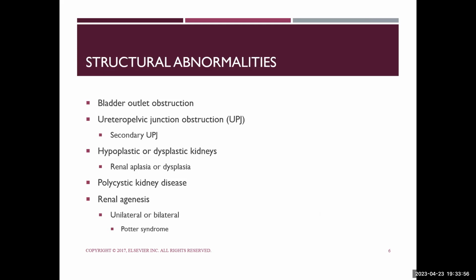So once the face is made and the baby begins to swallow, the kidneys are now working and the amniotic fluid is recycled through the urinary tract of the fetus. With renal agenesis, the amniotic fluid gets swallowed and it's not recycled.